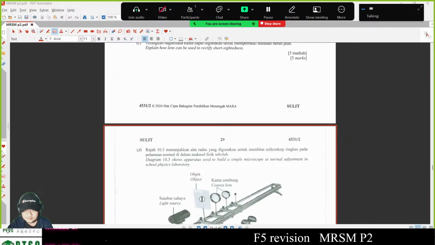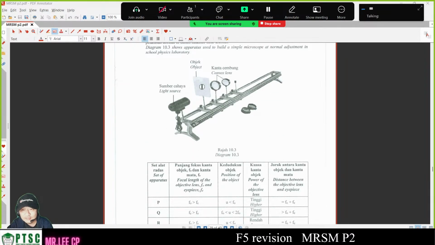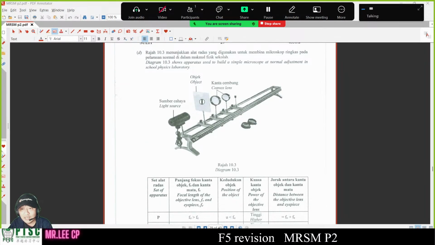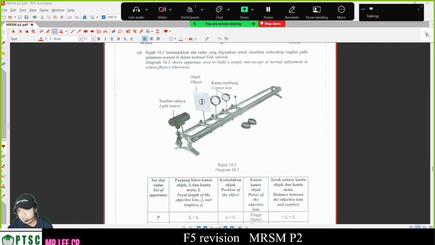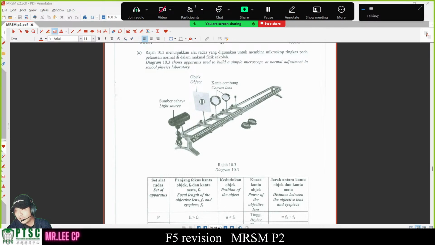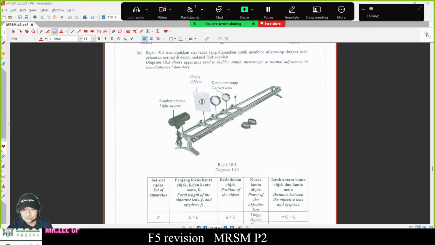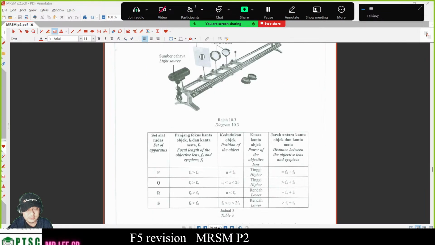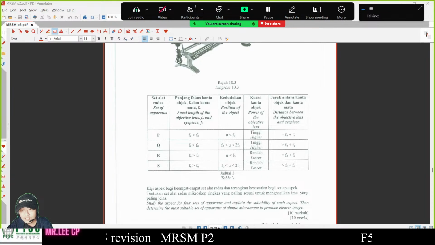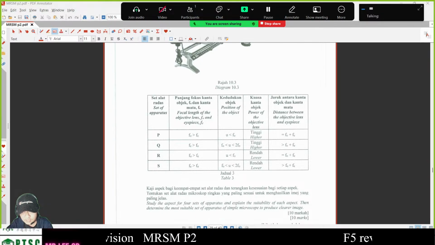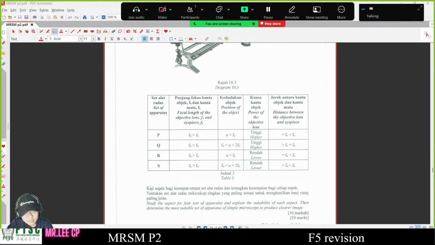Now come to this one. Diagram 10.3, the most important one, shows the apparatus to build a simple microscope in normal adjustment in a school physics laboratory. Now the focal length of the objective lens, fo, and the eyepiece, fe, right? Which one has to be longer?